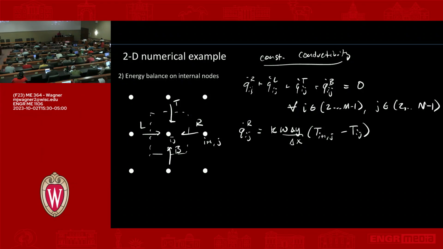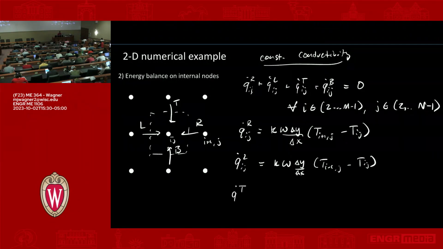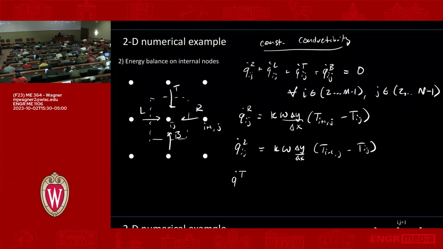So you have to be careful about that area, and be careful about that distance. Let's look at Q dot left. That's basically the same. Q dot L i j equals K W delta y over delta x times T i minus 1 j minus T i j. Then let's look at the one from the top, and then we'll leave it there. So from the top, we have K times W times delta x, which is the area from the top.